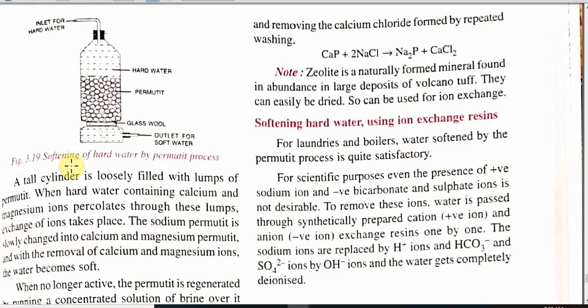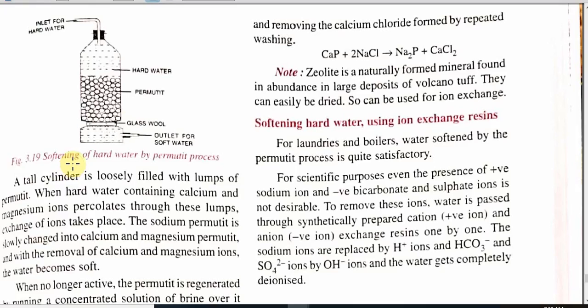The sodium permutit is slowly changed into calcium and magnesium permutit, and with removal of calcium and magnesium ions, water becomes soft.